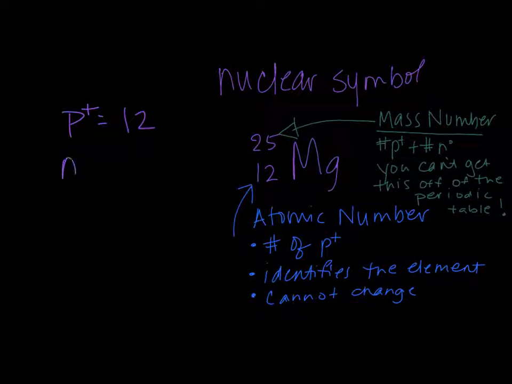All right, and then neutrons. Since this number represents the mass number and this number represents the number of protons, then that means the difference between the two, so you subtract the bottom number from the top number, would give you the number of neutrons. And so the number of neutrons here would be 13. All right, and then the number of electrons is going to be 12 because this atom is neutral. Atoms are neutral.